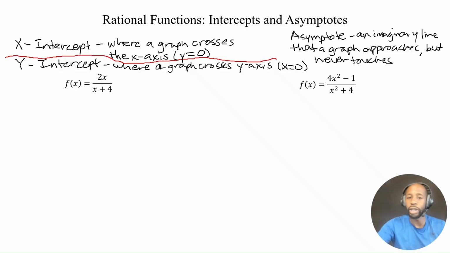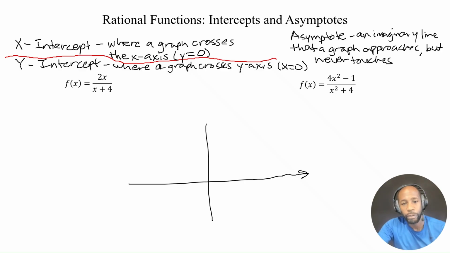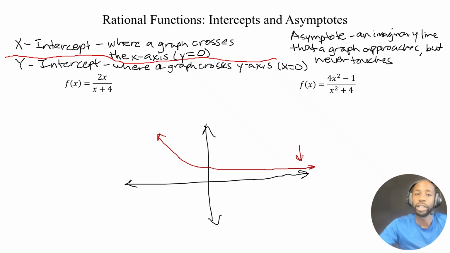To briefly illustrate that, if you have an XY plot and a graph that looks like this, as x increases, this graph is getting closer and closer to the x-axis, but it never touches it. It may look like it touches if you draw it further out, but it just gets closer and closer without ever touching. That would mean that the x-axis, in other words y equals 0, for this particular graph, would be called an asymptote. So that's what an asymptote is.